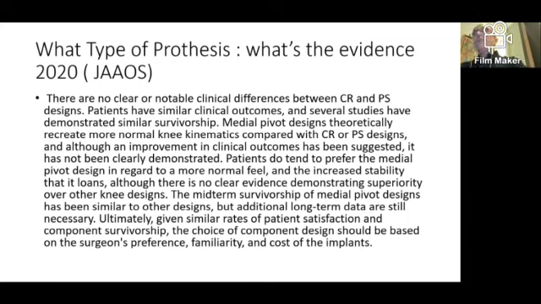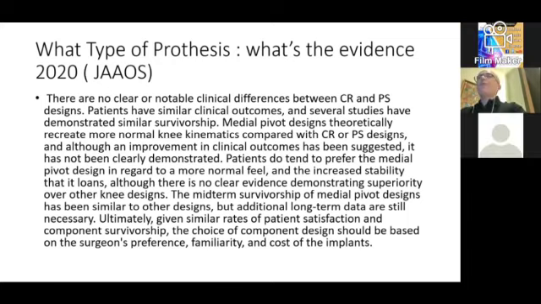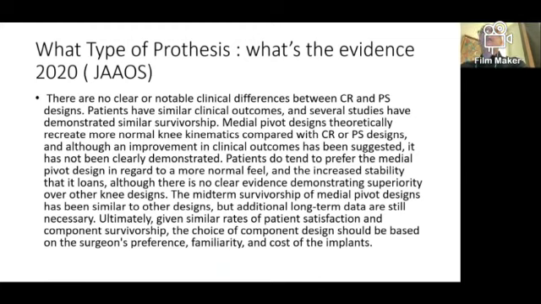Finally, what is the evidence now in 2020 on the type of prosthesis? What type of prosthesis gives you the better results in knee alignment and better kinematics of the knee? There is no clear or notable clinical difference between cruciate retaining and posterior stabilized designs.